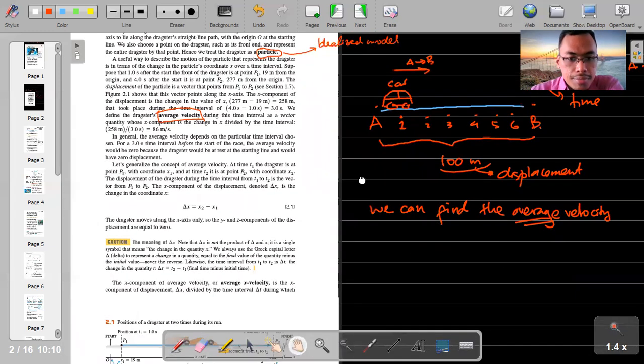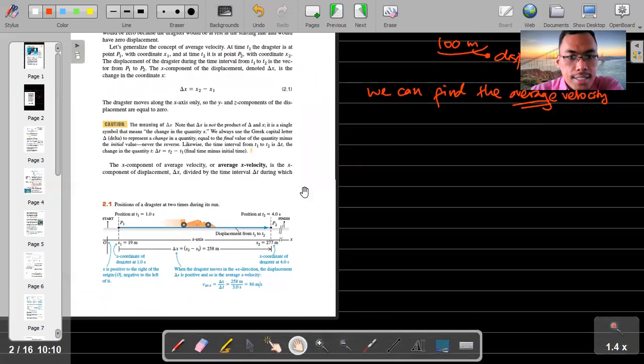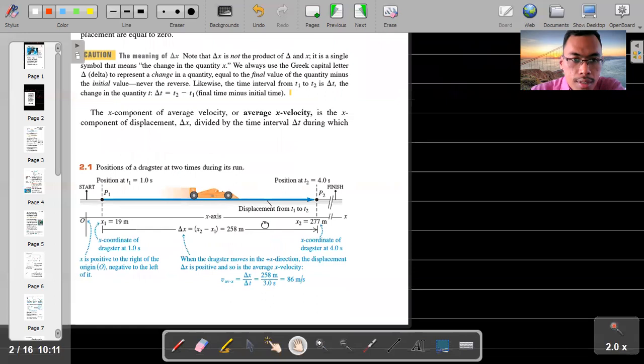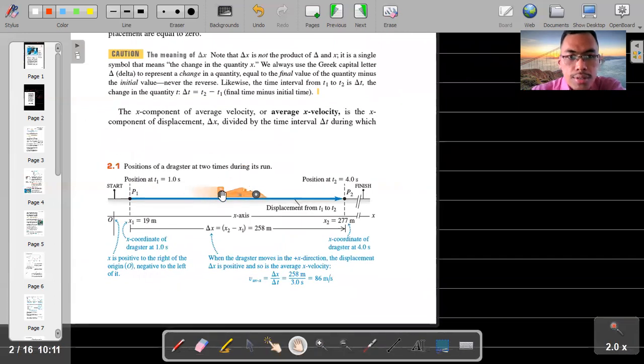And this is the example. This is a truckster, or a car used for racing, and the car moves from point P1 to point P2, and this is the start line.